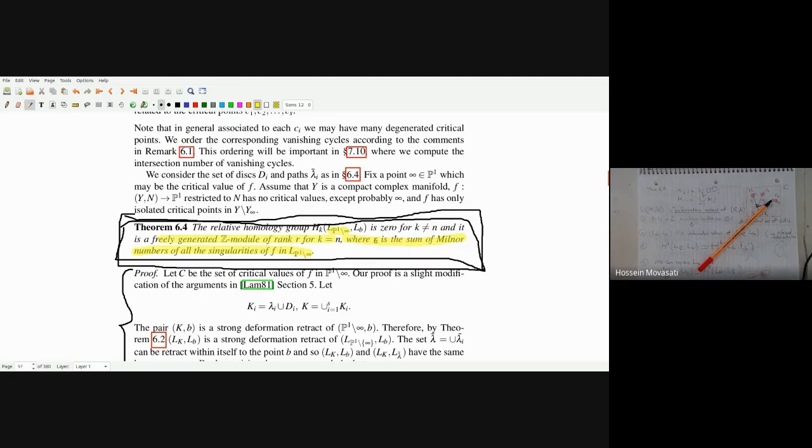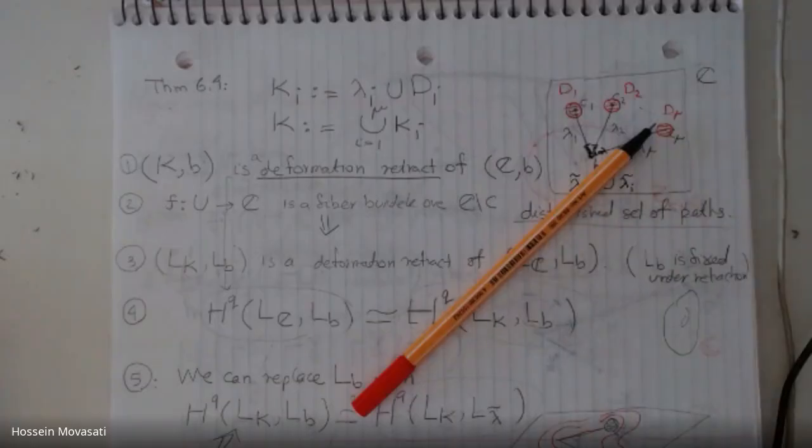And r will be the sum of the Milnor numbers of all singularities that will pop up in our way. But this part, the idea is to learn its details at the end of this lecture and also starting the next lecture. Okay, so let's go back to the proof.